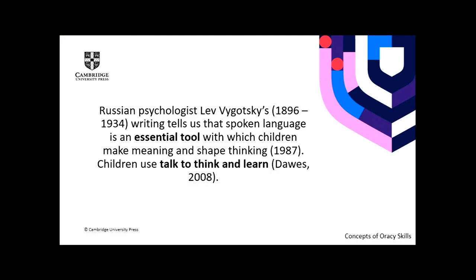So coming back to my question, what is Oracy? Now, I am actually going to start the definition from a little past literature. Russian psychologist Lev Vygotsky basically puts forward that via speaking, we actually think and make sense of our world. And we use speaking to communicate, and we use speaking to shape our thinking.